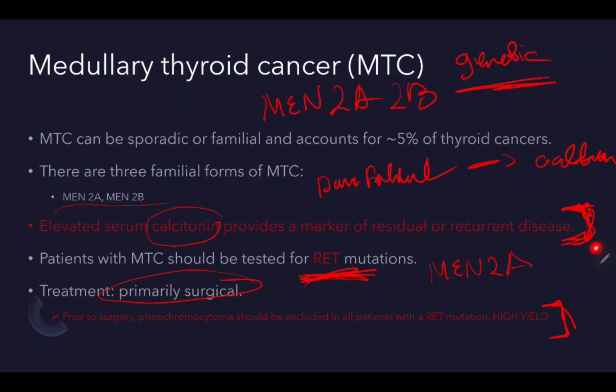So before doing surgery and removing the thyroid cancer, you need to give an alpha blocker, then a beta blocker to manage the pheochromocytoma, and then you do the surgery. Don't do surgery in patients who have pheochromocytoma without managing it. Why? Because that will lead to a state that looks like thyroid toxicosis, but is actually worsening of the adrenal gland. The catecholamines will be secreted in the whole body and will lead to a hypertensive crisis.